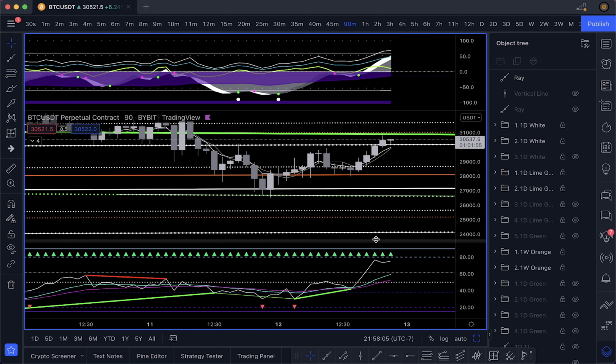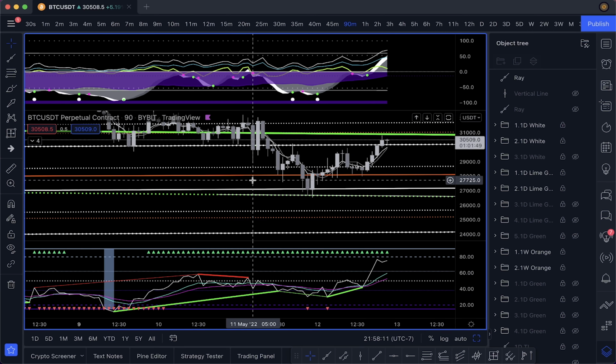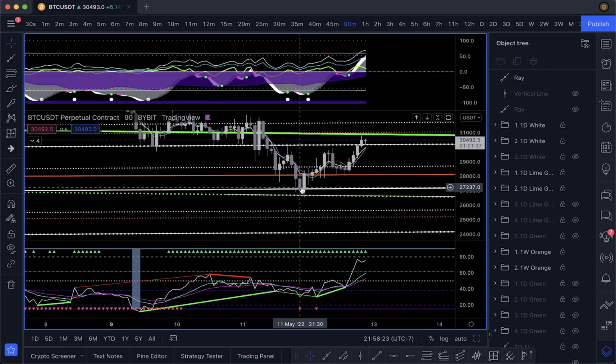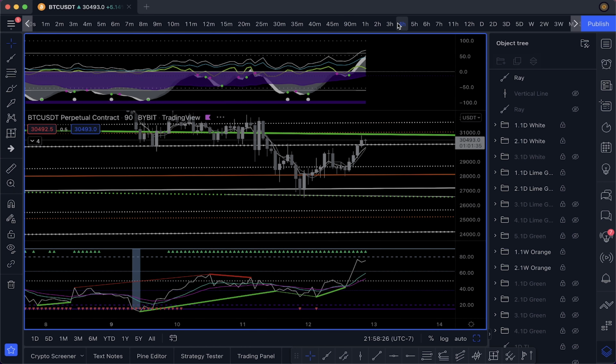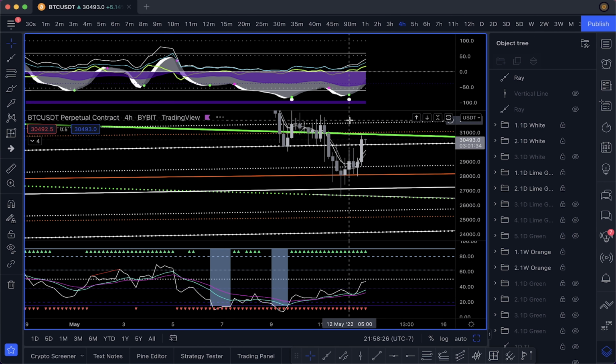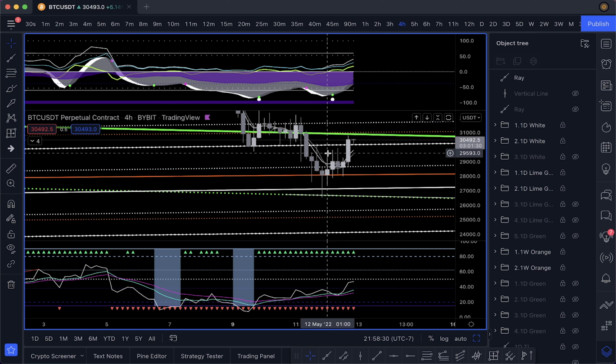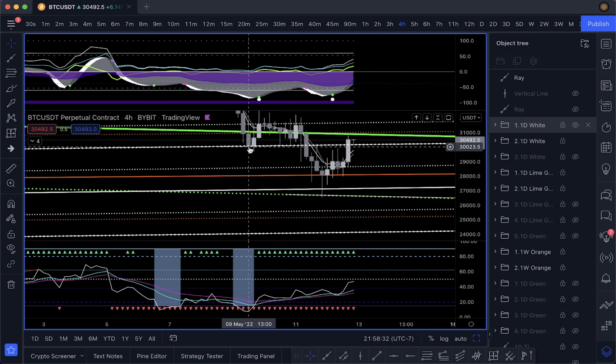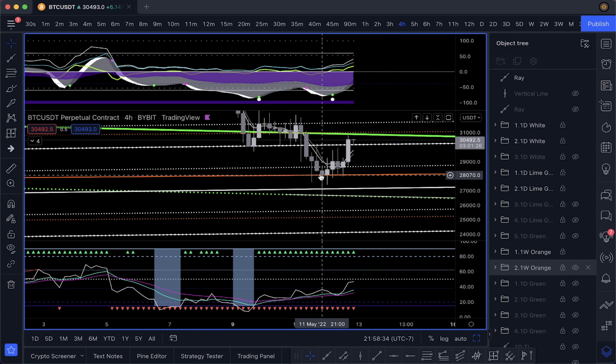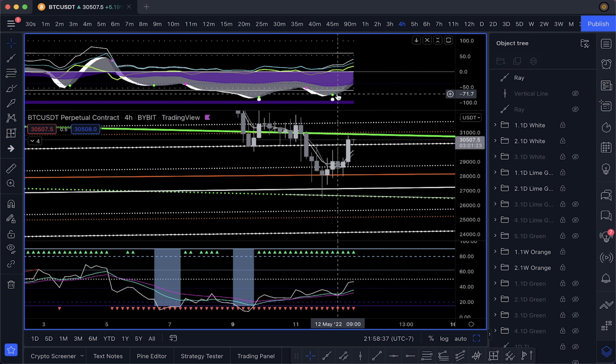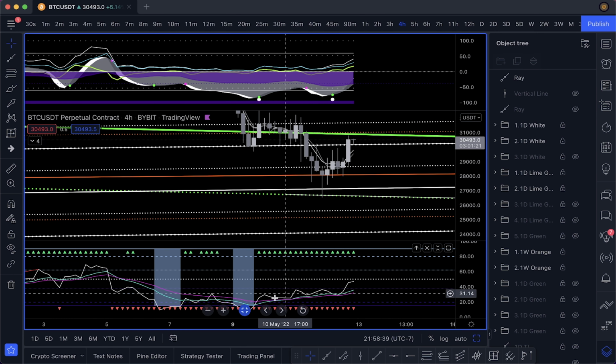But first, you want to look for divergences, right? So from this low to this low, we put in a bullish divergence, market cipher.